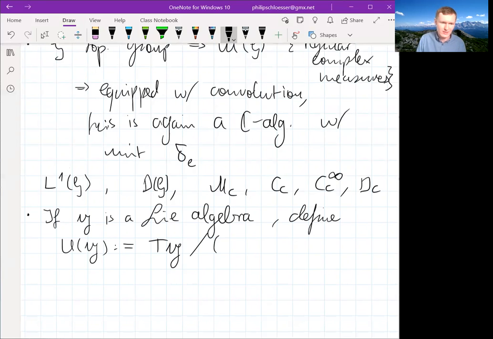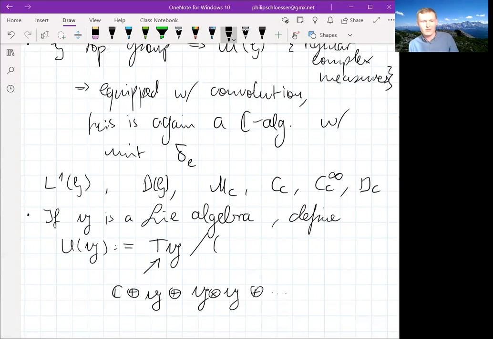How we construct this is we take the tensor algebra, which just means that we take a formal direct sum of the 0th power of G with the 1st power of G with the 2nd power of G, and so on. We just adjoin formal products that are by definition multilinear.